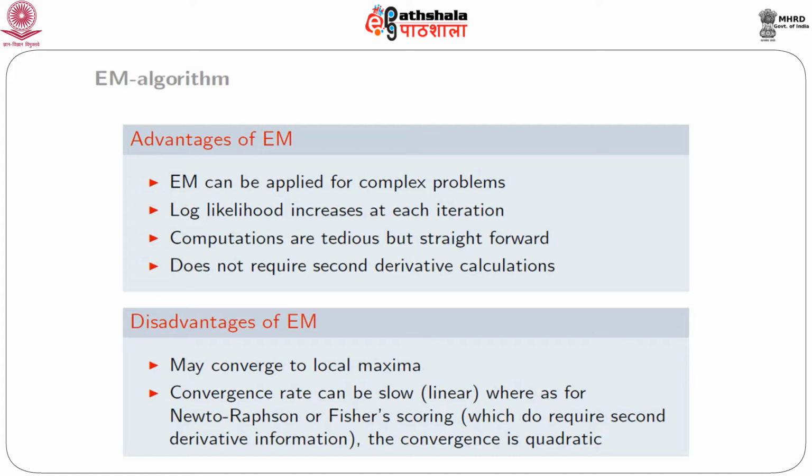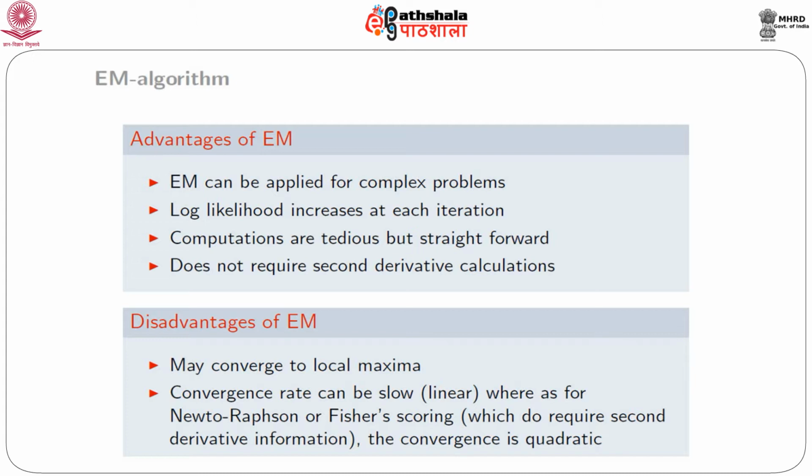And the fact that they are tedious does not really matter, because once they are implemented, the program does the repetition, the computer does the iterations, and so this does not need to be done by hand. Finally, the EM algorithm does not require second derivatives. Now, there are other optimizers like the Fisher scoring algorithm, which needs computation of the second derivative.